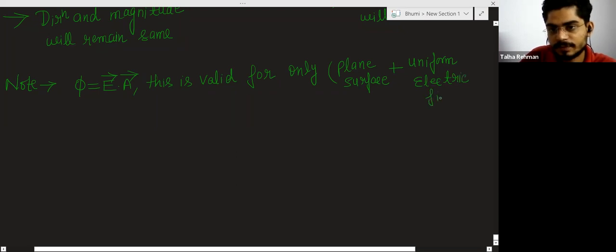You can only apply this formula if you have a plane surface and uniform electric field.